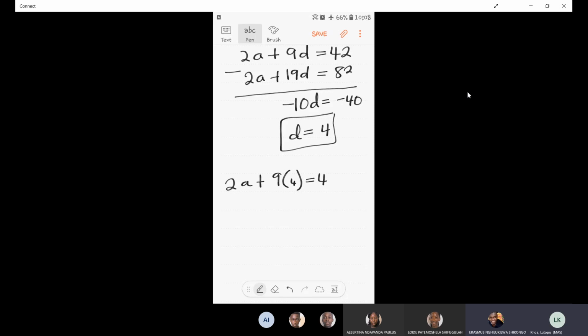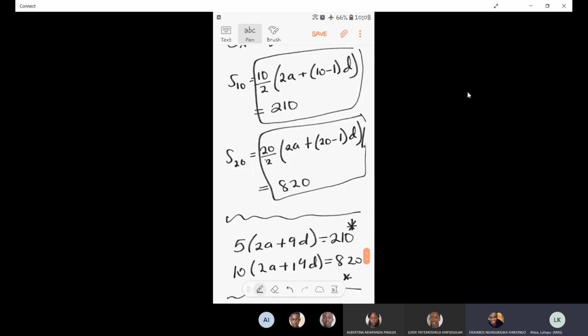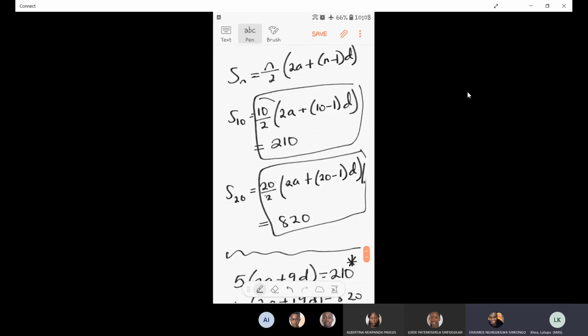Miss. Yes. How did you get that number 5 and number 10 at the beginning of the brackets for the one we solved simultaneously? This one here. Which one? Oh, okay. Is it fine now?